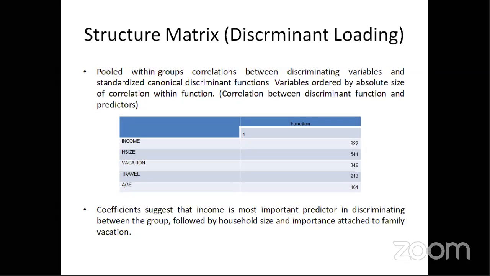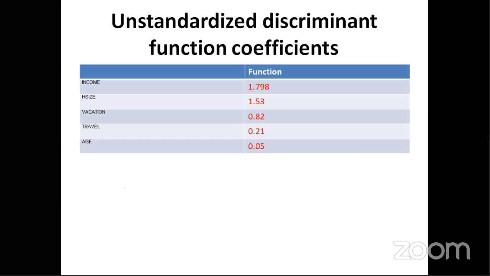At the bottom I have written that this coefficient suggests that income is the most important predictor in discriminating between the groups, followed by household size and importance attached to family vacation. So on the basis of this value we can see the importance of each independent variable.